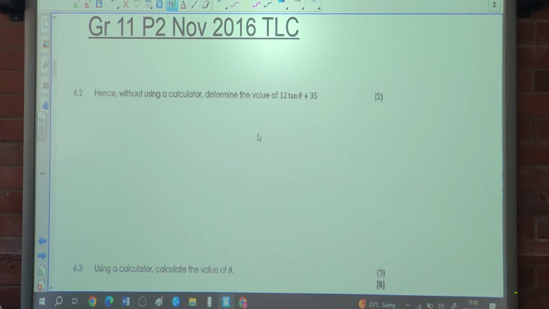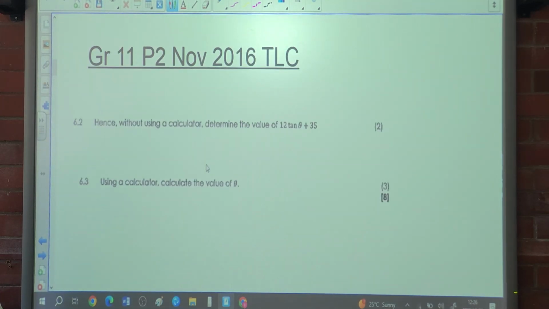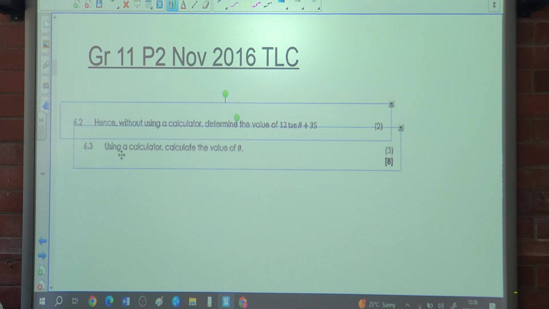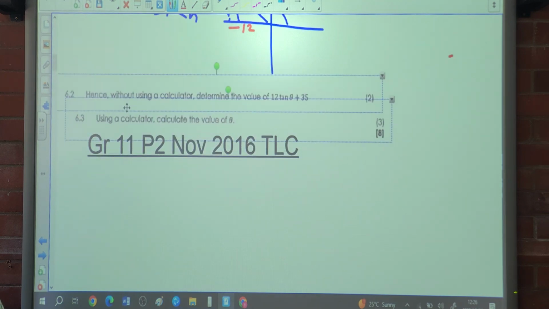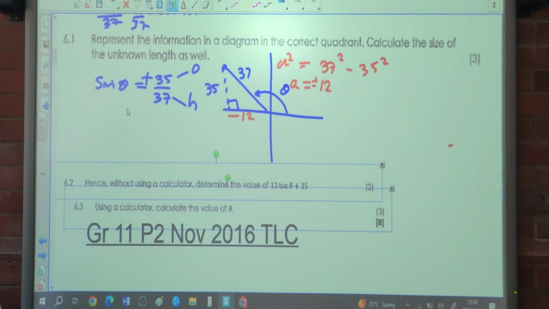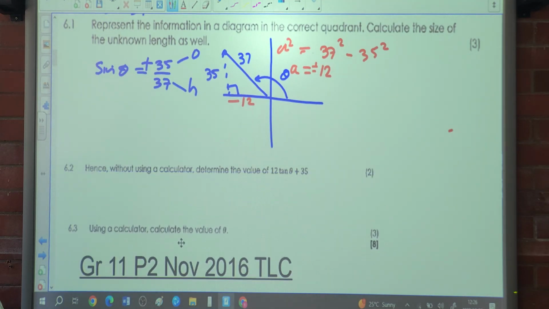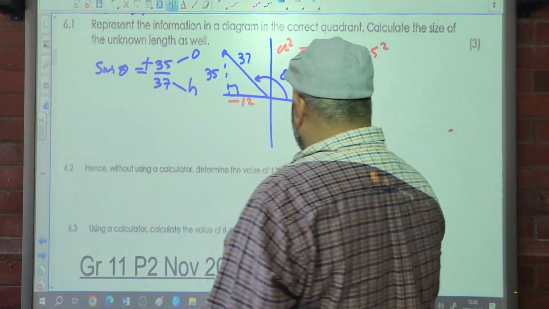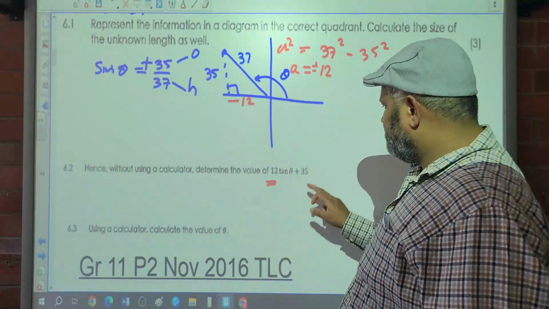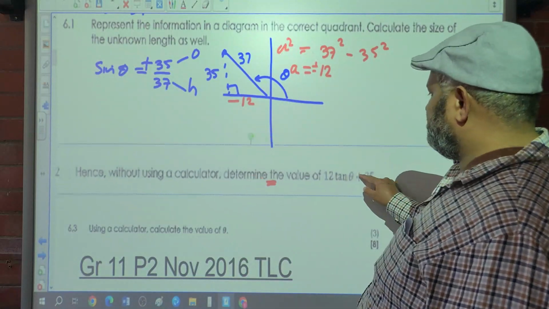Let's just answer this question before we break for the end of the lesson. So it's 6.2. We asked, without the use of a calculator, determine the value of 12 tan theta plus 35.